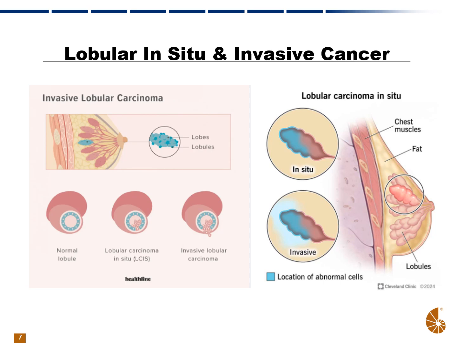So just one of these interesting facts of how the progression of disease may or may not occur. And then to the right, another picture of lobules in the breast, and you can see the difference between in situ, where the cells stay within the lobule, or invasive disease, where they go outside of the lobule.